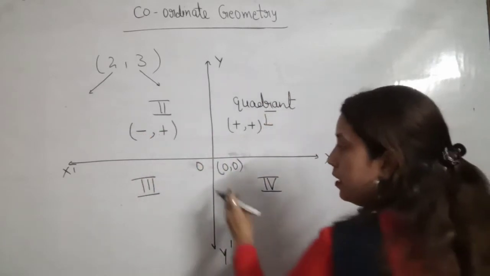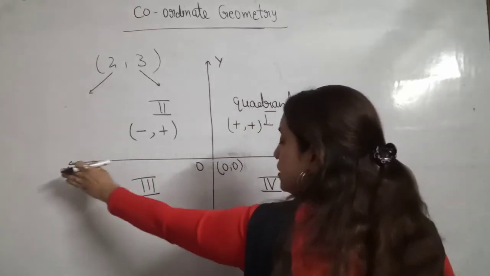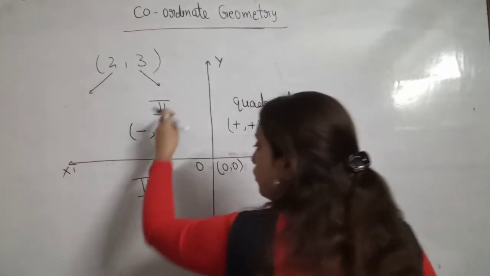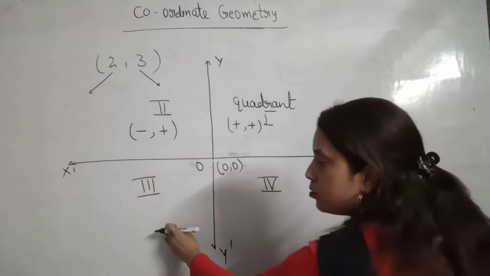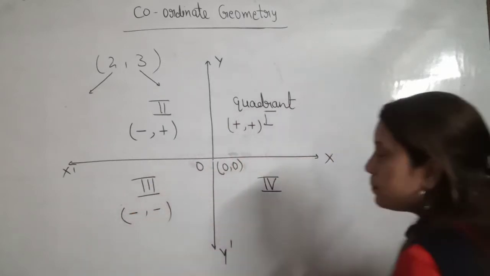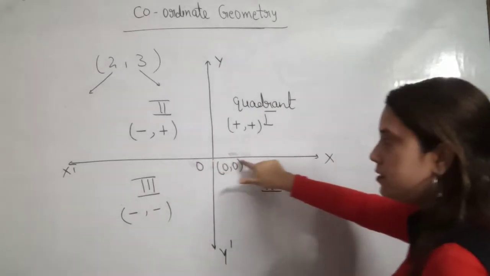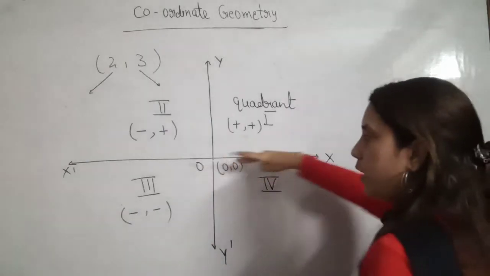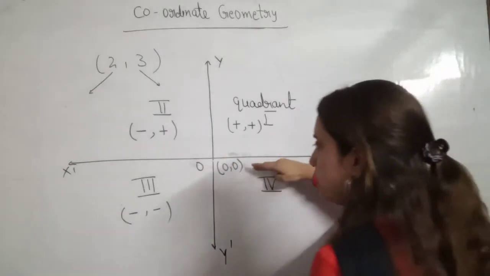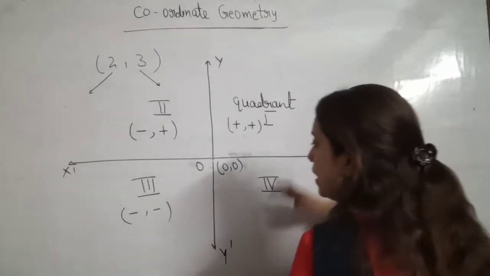Third quadrant: first we cover the distance on the x-axis, so on the left hand side it will be negative. For the y-axis, downward, so it will also be negative. So minus, minus. Now when we talk about the fourth quadrant, first we cover the distance on the x-axis on the right hand side, so it will be positive, and for the y-axis it will be downward, so it will be negative.